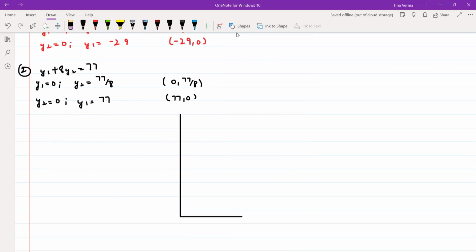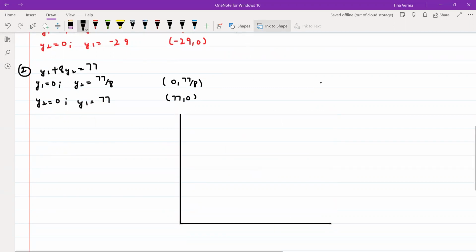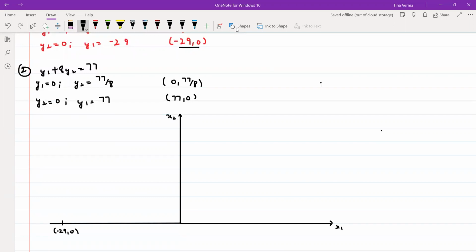So if I am plotting it on a line, I can say this is my x1 and this is my variable x2. Now we have the point minus 29, 0, so it will be in the negative direction, minus 29, 0.